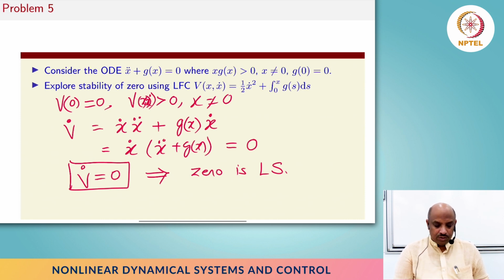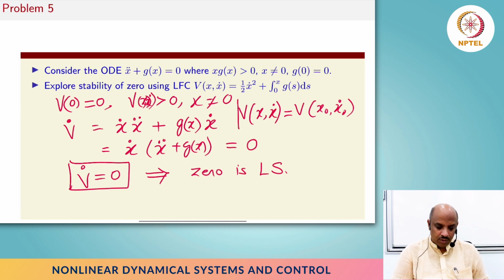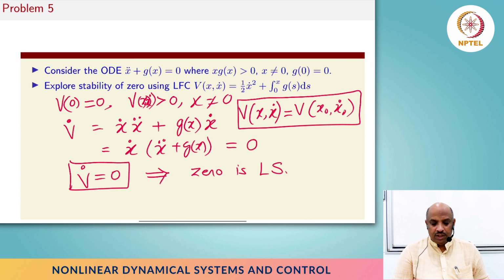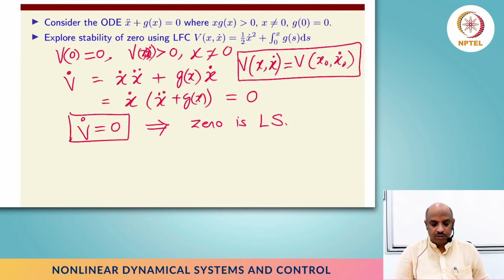So the only conclusion we can say at that point is, if it starts at some V of x(0), x dot(0), the solution is going to remain on that surface, because V dot is identically 0, but nothing beyond that.